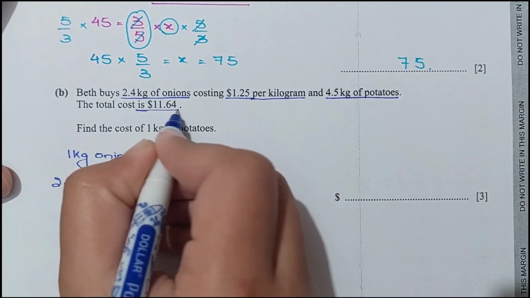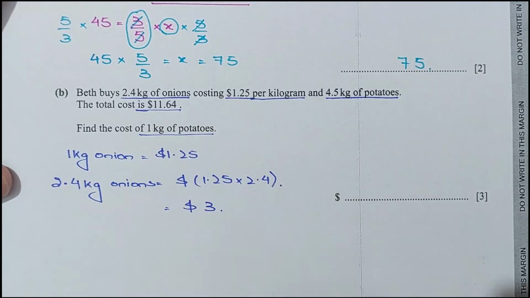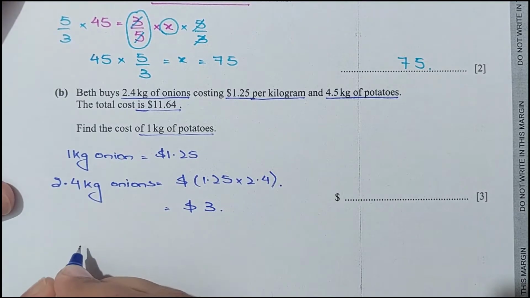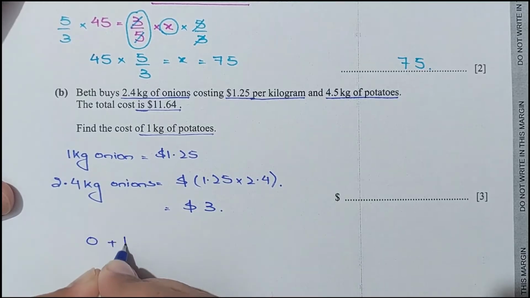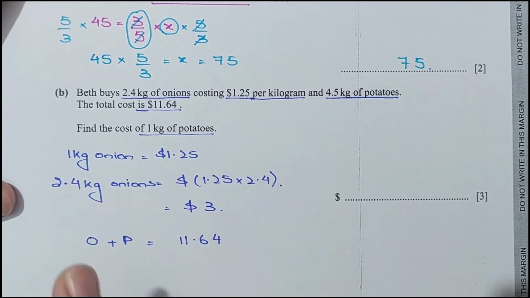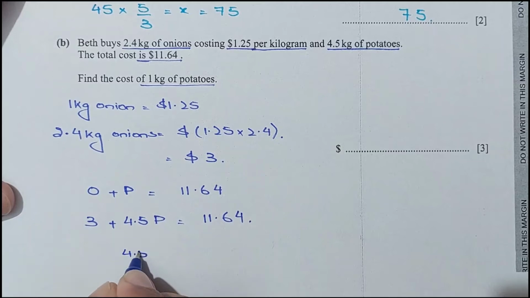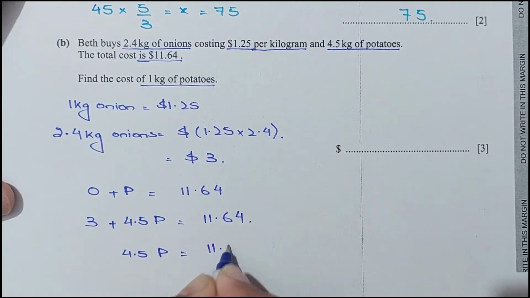And 4.5 kilograms of potatoes. The total cost is 11.64. Find the cost of 1 kg of potato. So onions plus potatoes, the total cost is $11.64. Onions are 2.4 kg and cost $3. Potatoes are 4.5 kg. The total is 11.64. Now 4.5 kilograms of potatoes plus the onions equals 11.64.